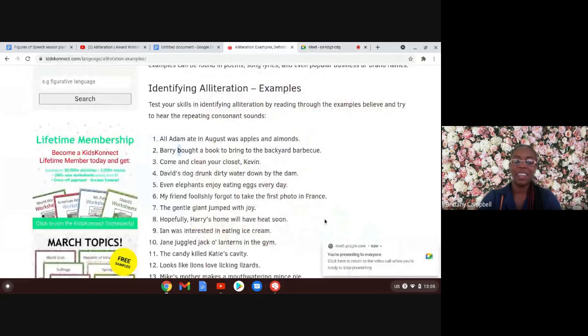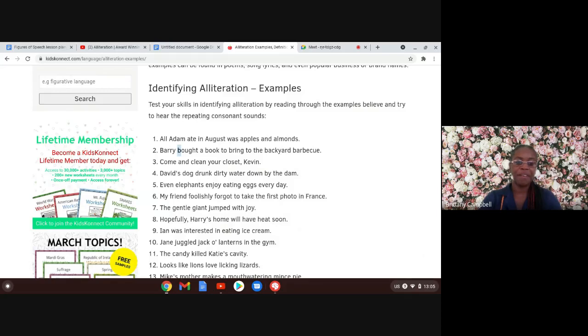Another example, number 7. The giant jumped with joy, right? Another example that we could look at, number 8. Hopefully, Harry's home will have heat soon.